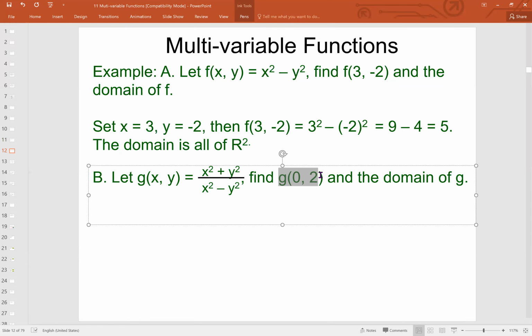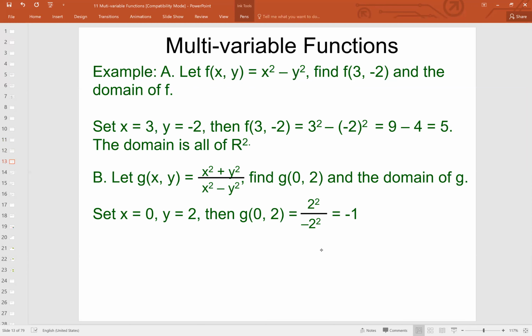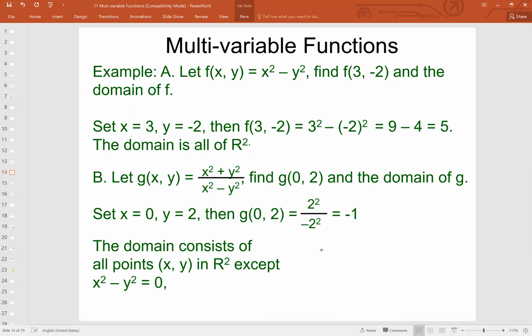For g of x, y, plugging in 0 and 2, we get outcome -1. The domain, because it's a fraction, consists of anything as long as the denominator is not 0.